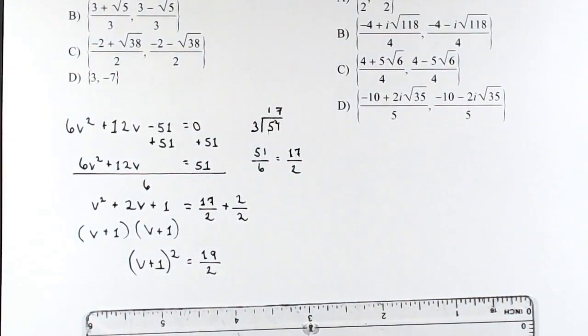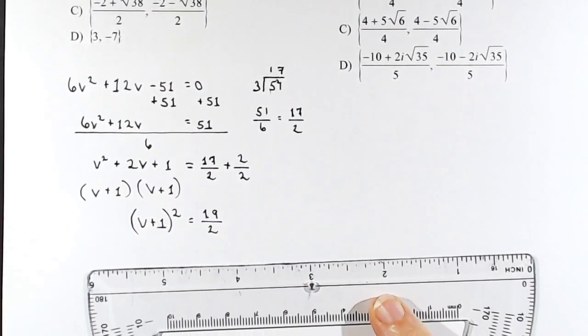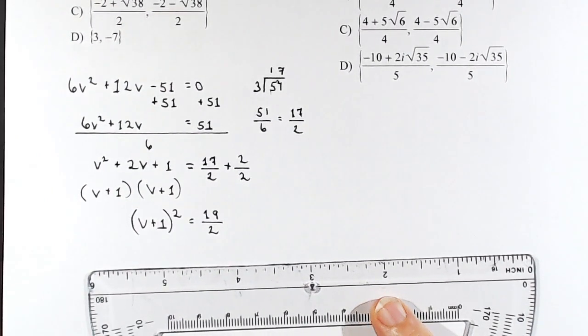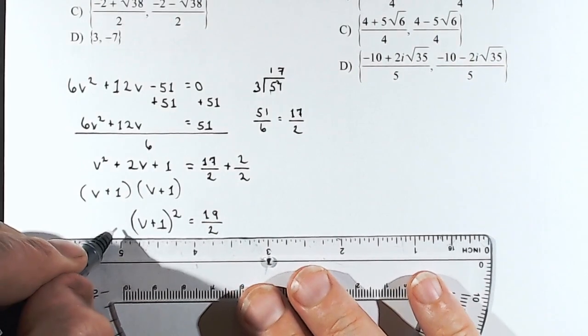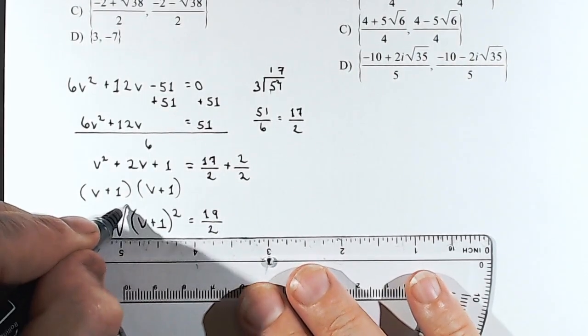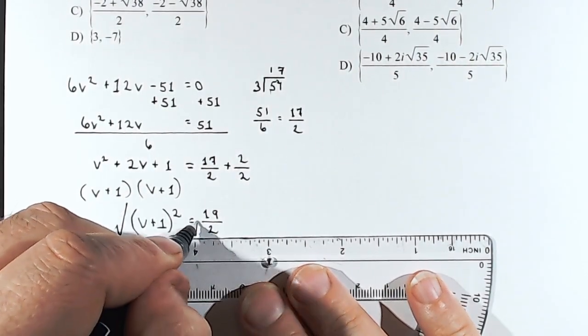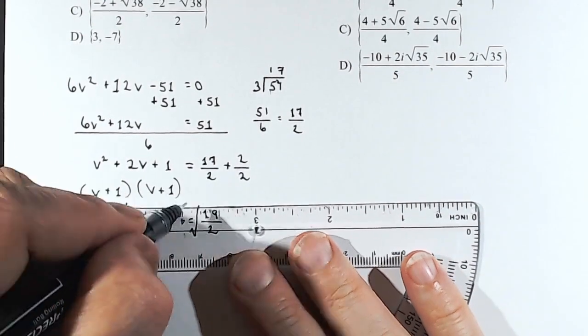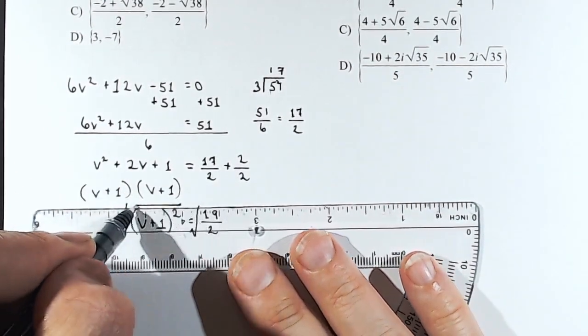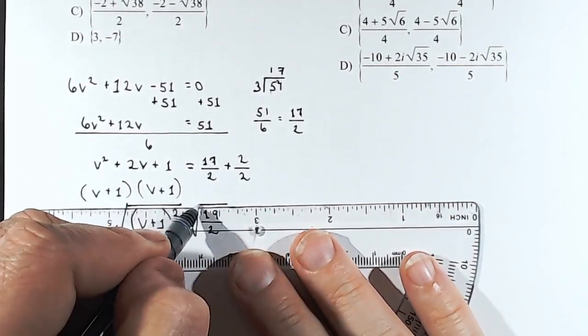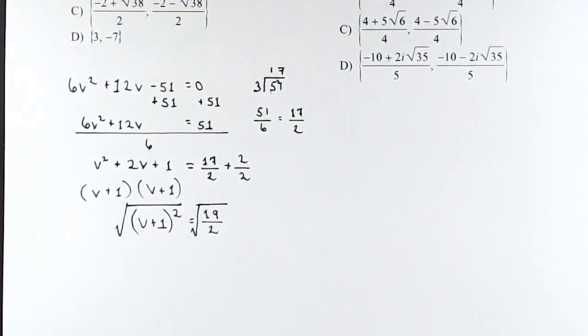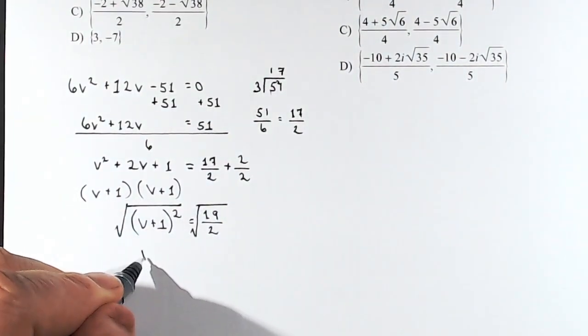Okay? Well, how do we get rid of that squared? Well, we could square root both sides. All right, so that's what we're going to do next. We're going to square root both sides. Okay, just be careful and write this neatly. Take your time. So the square root of v plus 1 squared is just v plus 1.